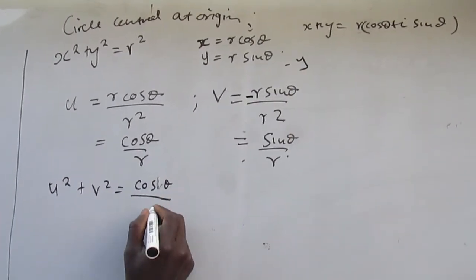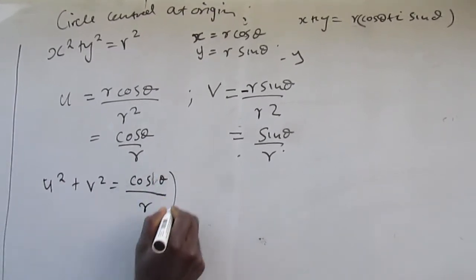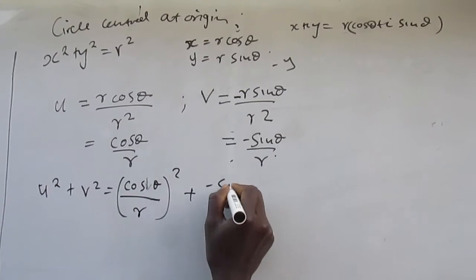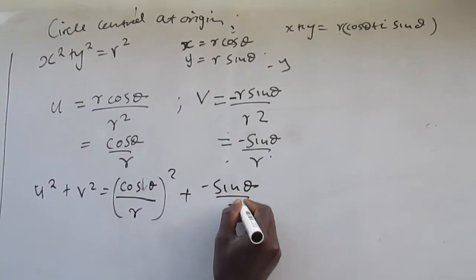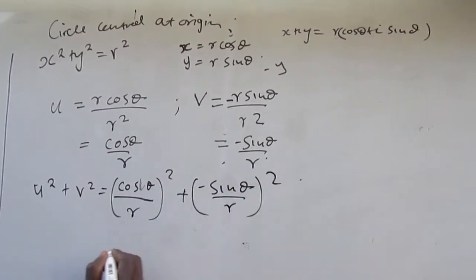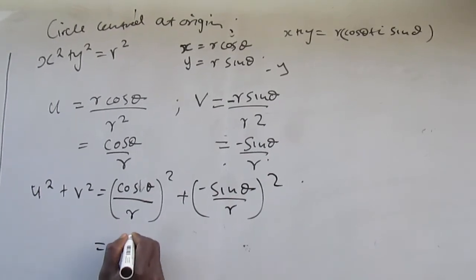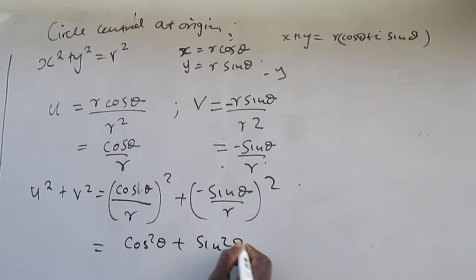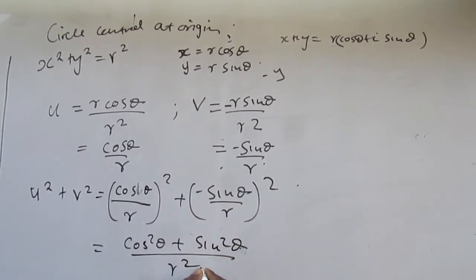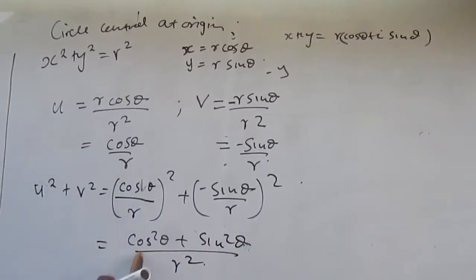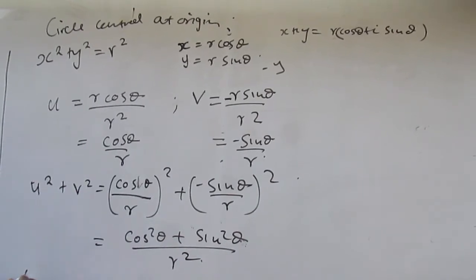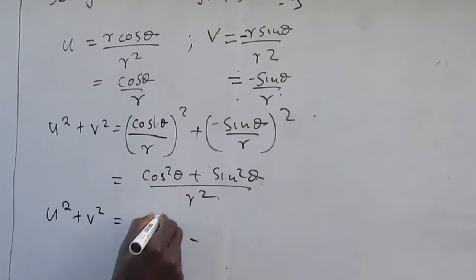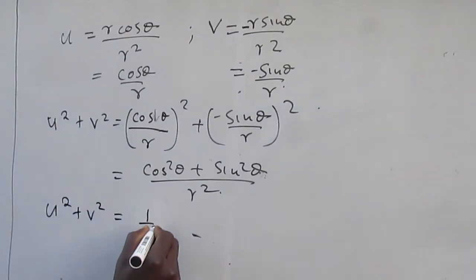So this is cosine of theta over r squared plus negative sine of theta over r, the whole quantity squared, and so this gives cosine squared of theta plus sine squared of theta, all over r squared if you simplify. And so the numerator is 1, so that ultimately we have u squared plus v squared is equal to 1 over r squared.